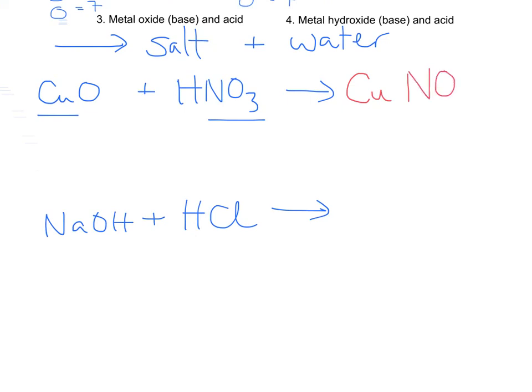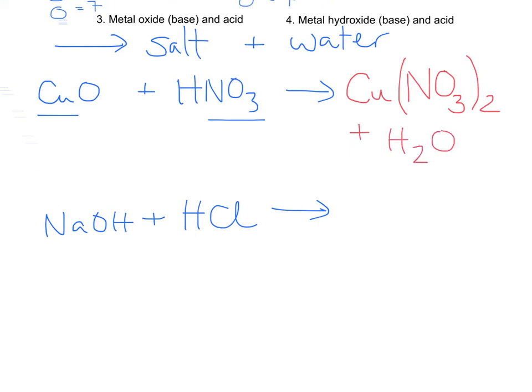So what that means is my number 2 from my 2+ in copper is going to end up down here. So that's copper nitrate, and of course we make water.